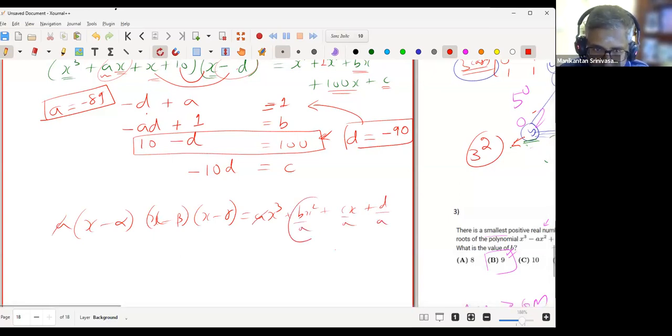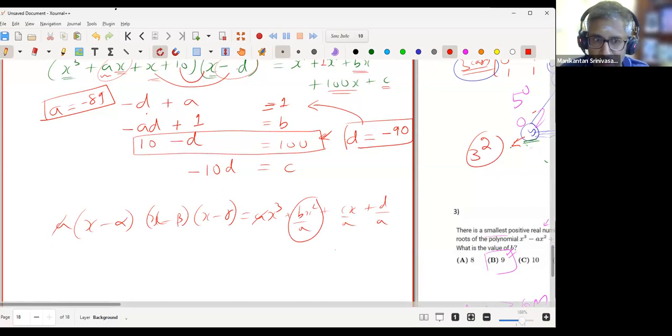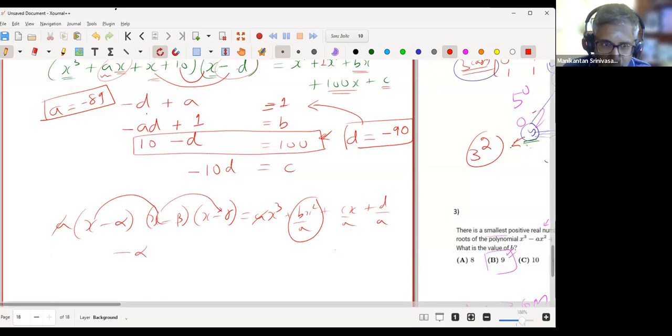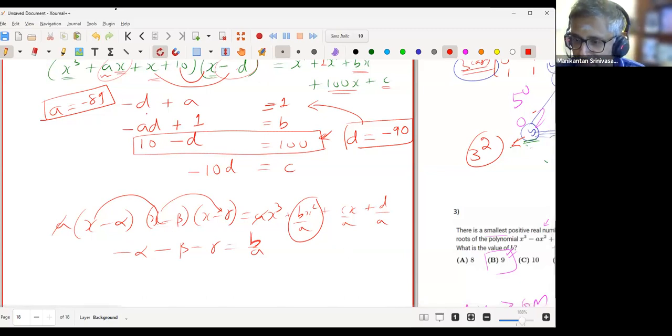Now, if I'm equating the coefficient of x square, what am I doing really? This x multiplies this x and then multiplies this minus gamma. So minus gamma, minus alpha, minus beta, that is your b by a. In other words, sum of roots is minus b by a. So when you're equating the coefficients, it's the same as sum of roots, product of roots. So Moksh, what you're doing is also the same thing, Vieta's formula only.